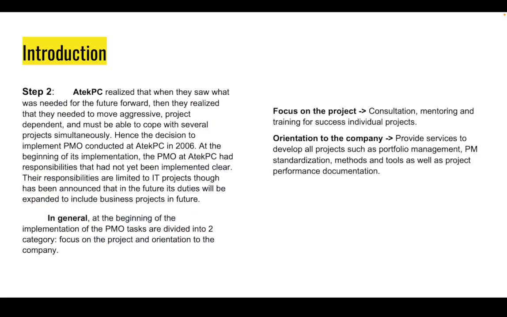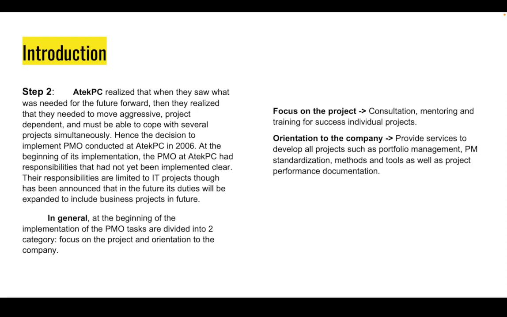So, AtekPC realized what was needed for the future, that they needed to be more aggressive, project dependent, and must be able to cope with several projects simultaneously. Hence, the decision to implement the Project Management Office at AtekPC in 2006.